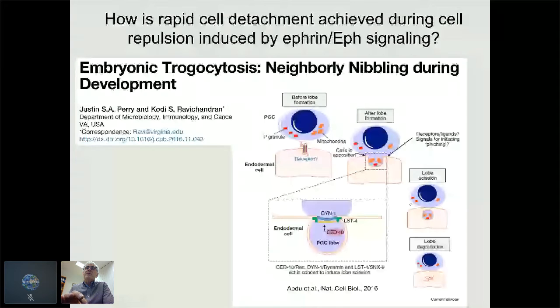And they were studying the signaling mechanisms that are required for this process, some of which have been known from phagocytosis, like CED-10, which is the Rac GTPase, dynamin, but other proteins such as this protein LST-4 were new.